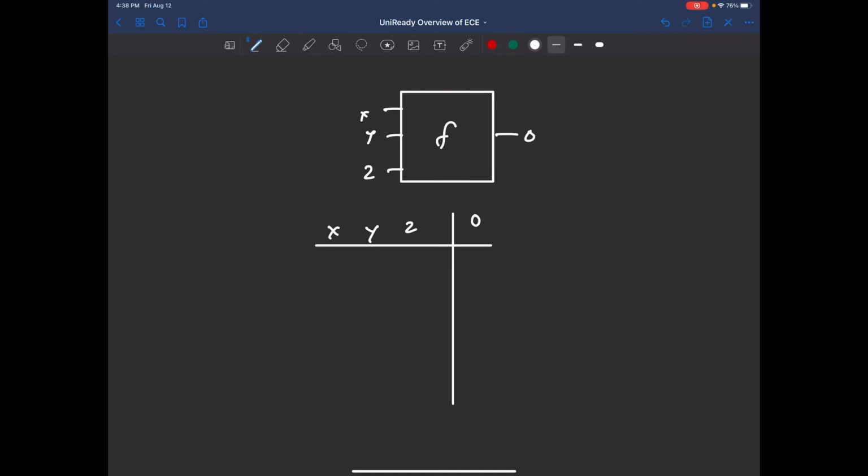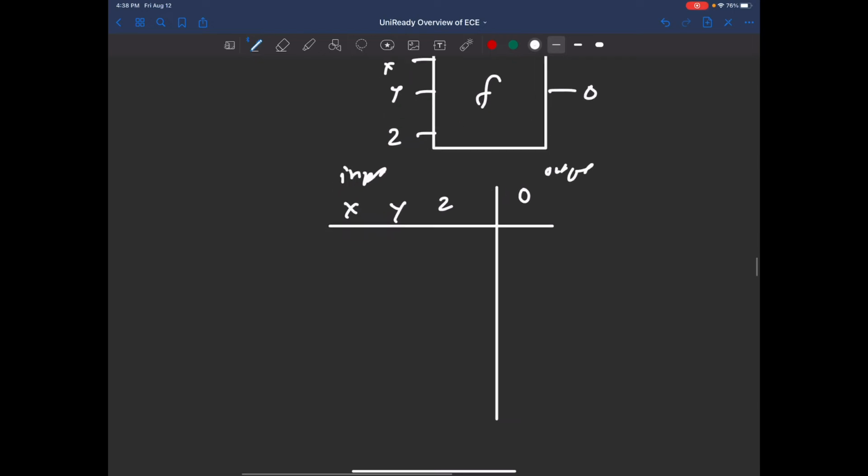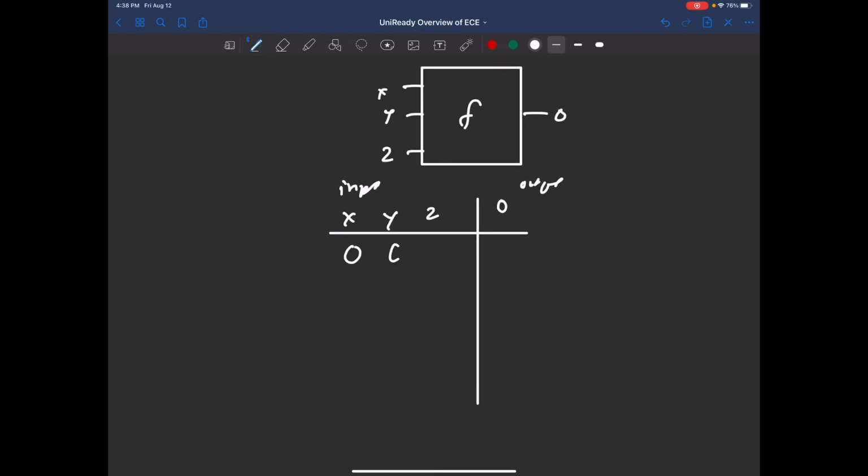Like that. This is the input. This is the output. So let's say you have 0, 0, 0. If X and Y and Z are all equal to 0, let's say you want the output to be 1, right? And let's say if you have this combination of inputs, then you also want this to be 1. But if it's any other combination, let's say, like that, you want it to be 0, that, 0, that, 0, that, 0, right? So on.